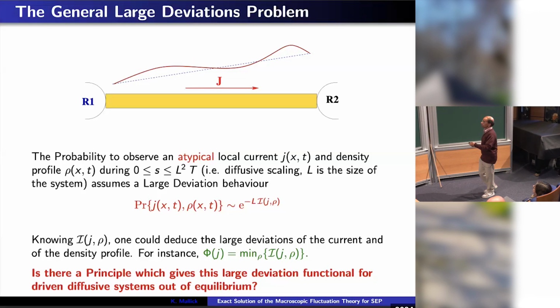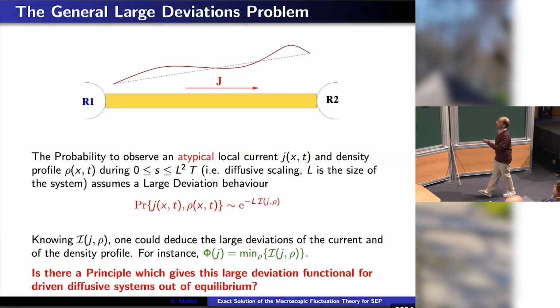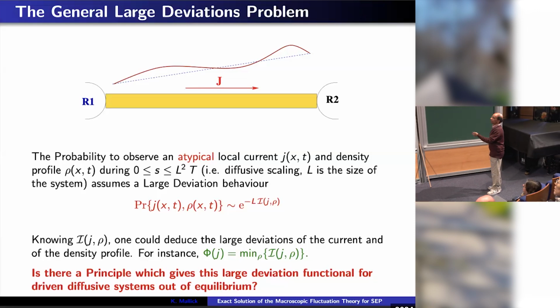So you can imagine that there could be a kind of functional large deviation principle for the local current j(x,t) in space and time, for all x between 0 and L, and all times between initial time and final time, and for the local density rho(x,t).